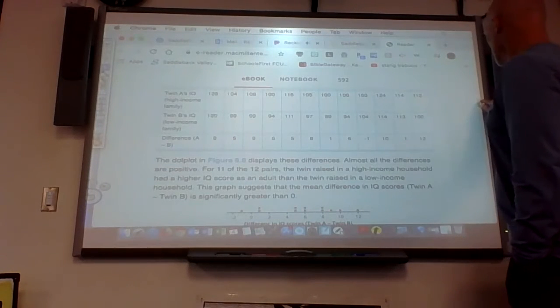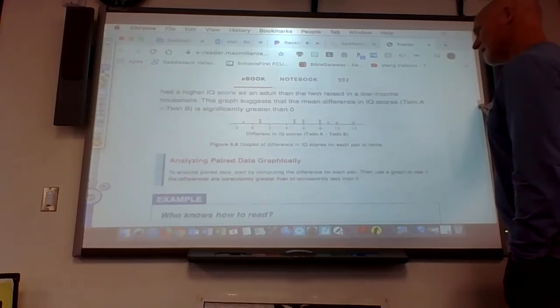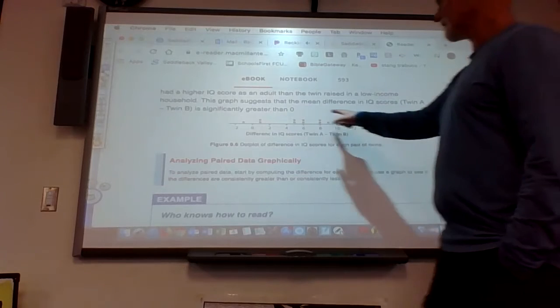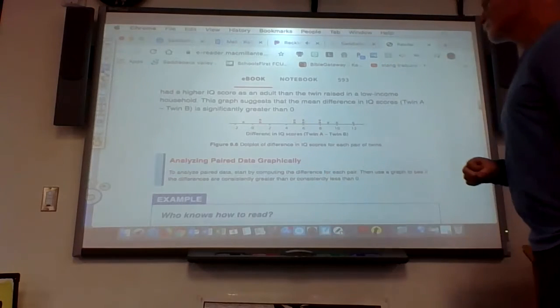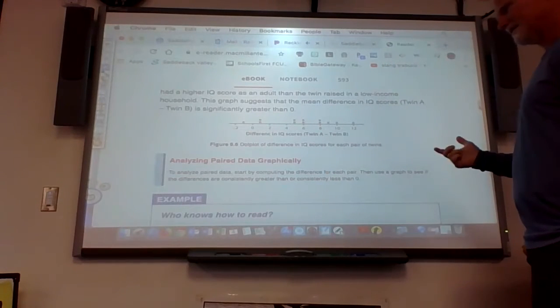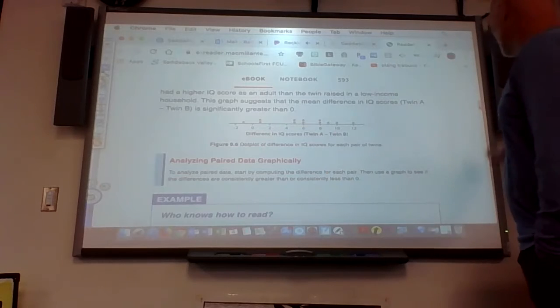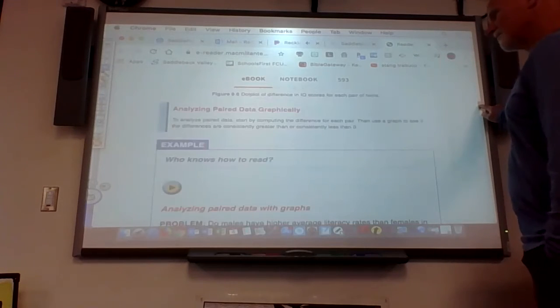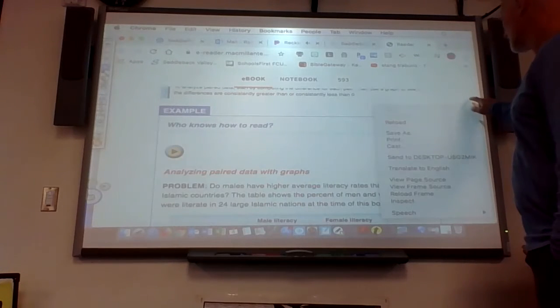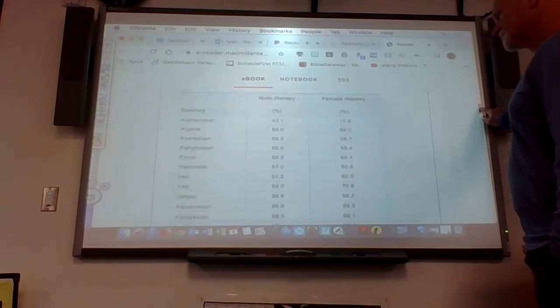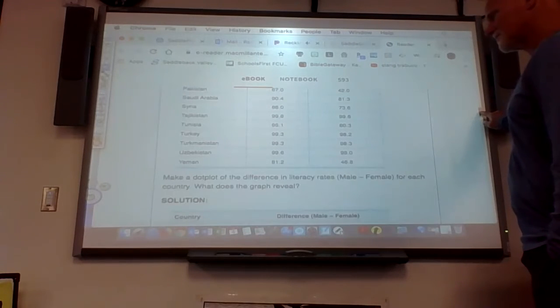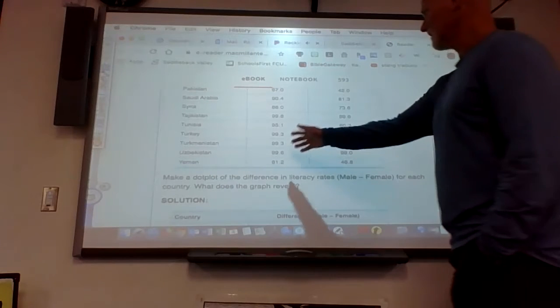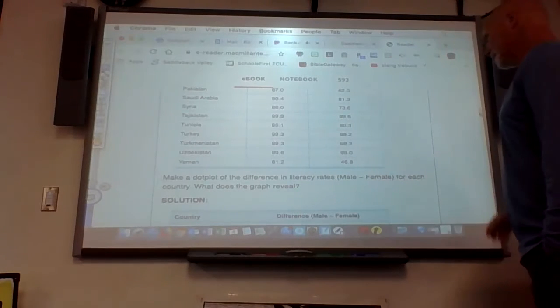So that's the example of what's going on here. When we look at this, we don't see any significant outliers. That's a good thing. That is going to mean that we're going to be able to use this t-test. And here's an example of literacy in different countries of male and female literacy rates.